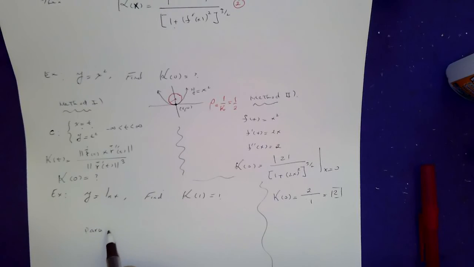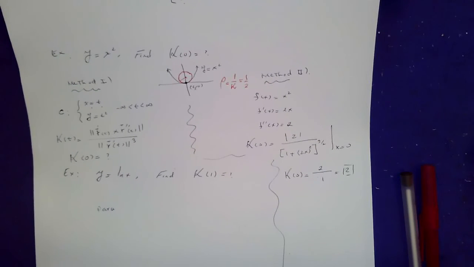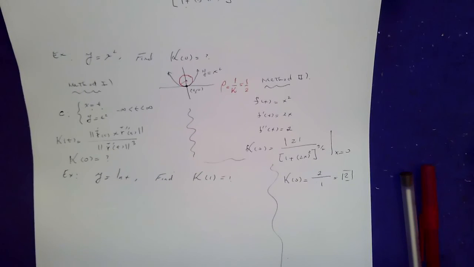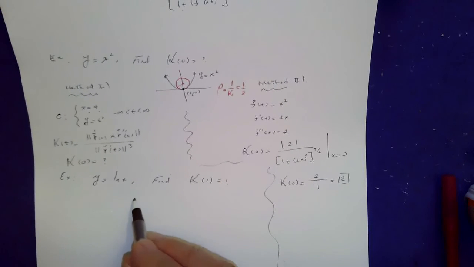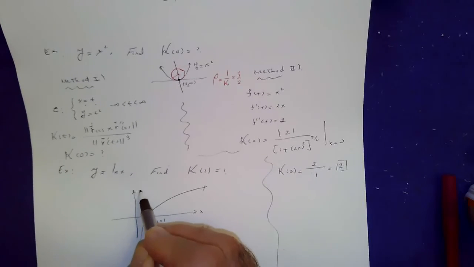The other one is this problem, which is y equals natural log of x, correct? So how would you find the curvature of natural log of x at x equals 1? First of all, the graph looks like this, and it hits the x-axis at 1, correct?